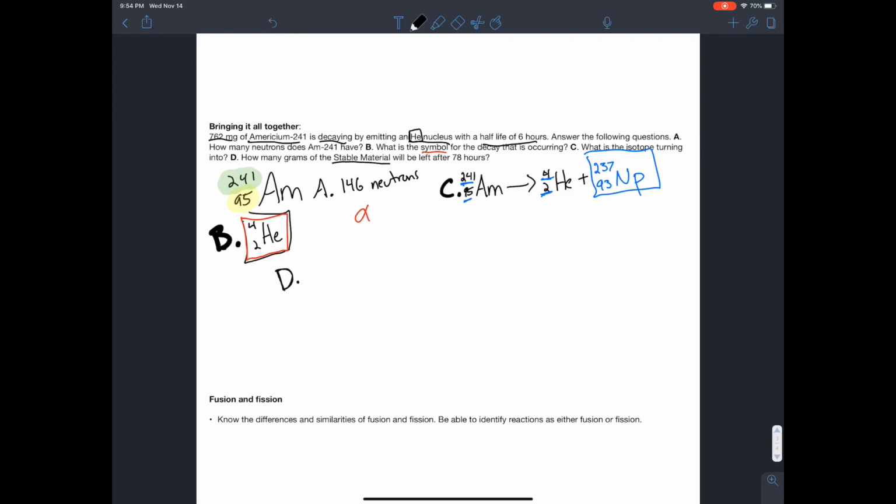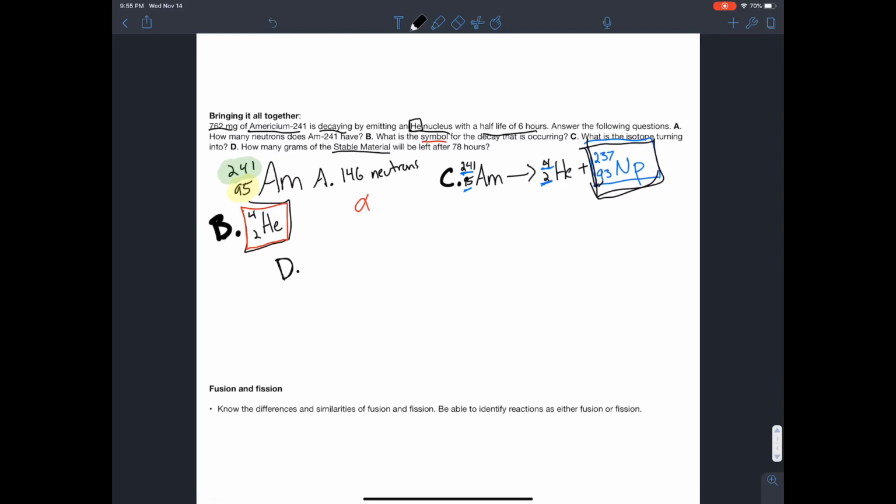I could have been more specific and said the more stable material, but hopefully it was clear enough that I'm not asking how much of the radioactive isotope is left. I'm asking how much of what it's decaying into, neptunium-237, is going to be left after that amount of time. I guess I could have worded it as how much is going to be created, but I hope that was clear enough for you guys.